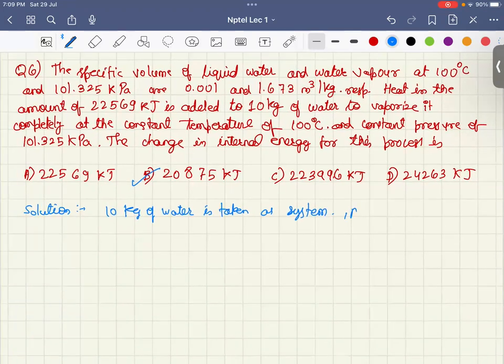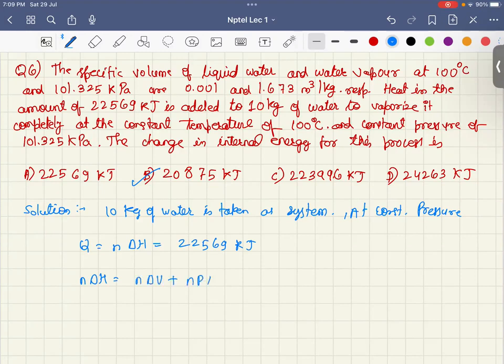And we know that at constant pressure, Q is nothing but n into delta H. This is 22569 kilojoule, which is given. And we also know that n delta H is nothing but n delta U plus n P delta V.